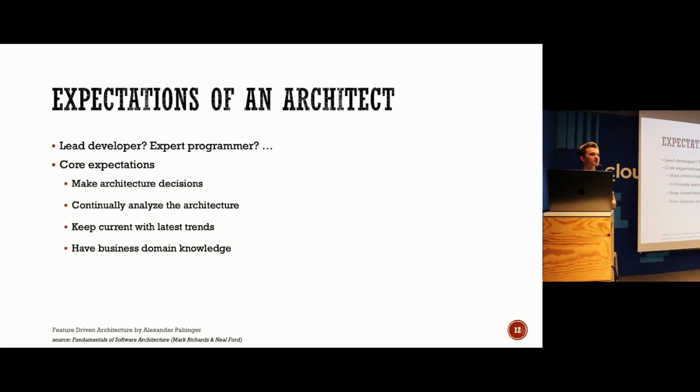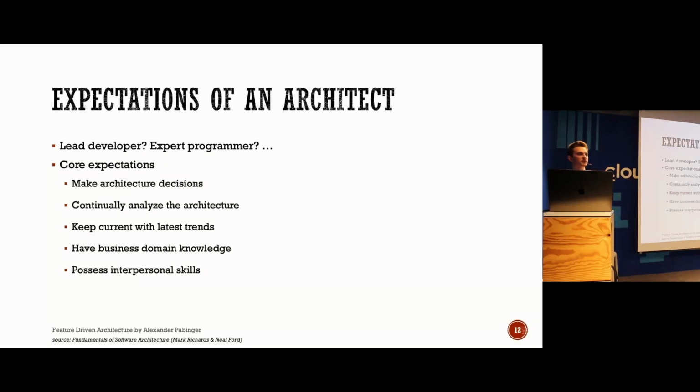He should have business domain knowledge. In my opinion, this is one of the most important expectations to an architect because he can only make good decisions based on domain knowledge. He wants to solve a business problem. There's a business case behind the software you're building. You're not building software, or hopefully you're not building software just for fun. Maybe at home, but not in your professional context.